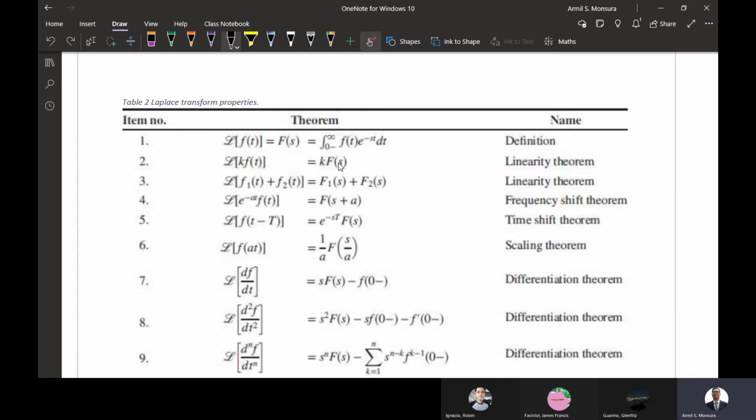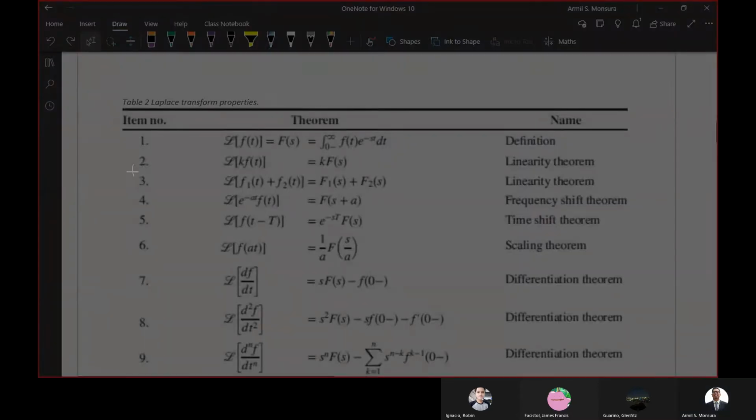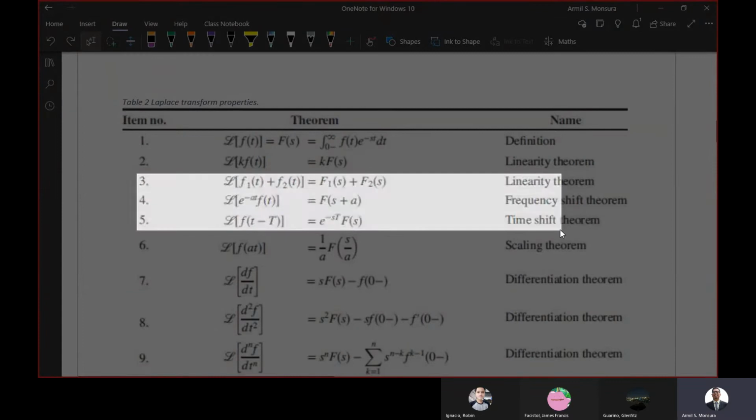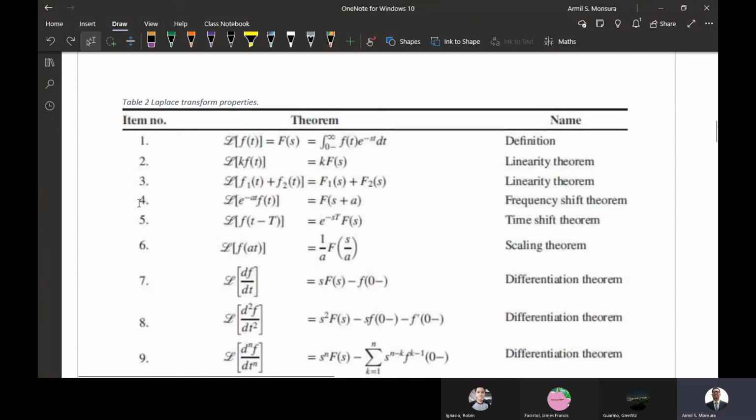Teka lang, i-screenshot natin to. Ito, 2, 3, 4 pala ang kailangan natin.